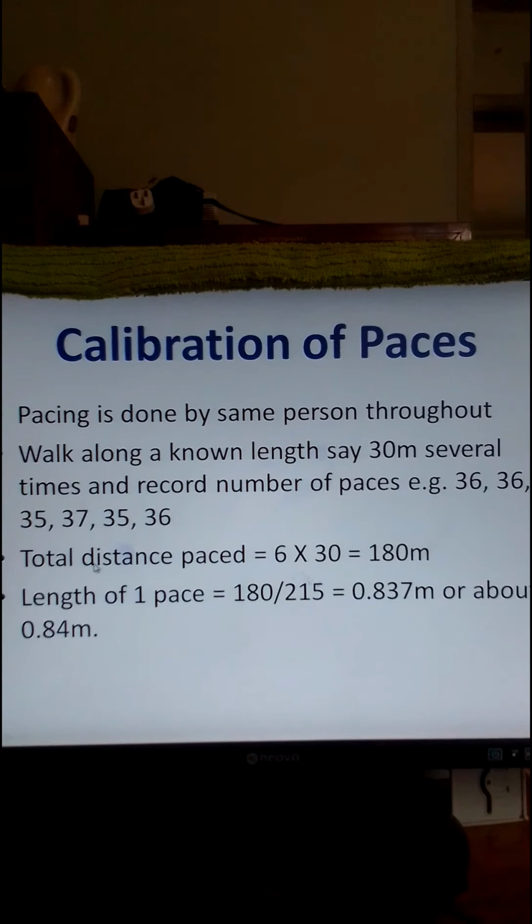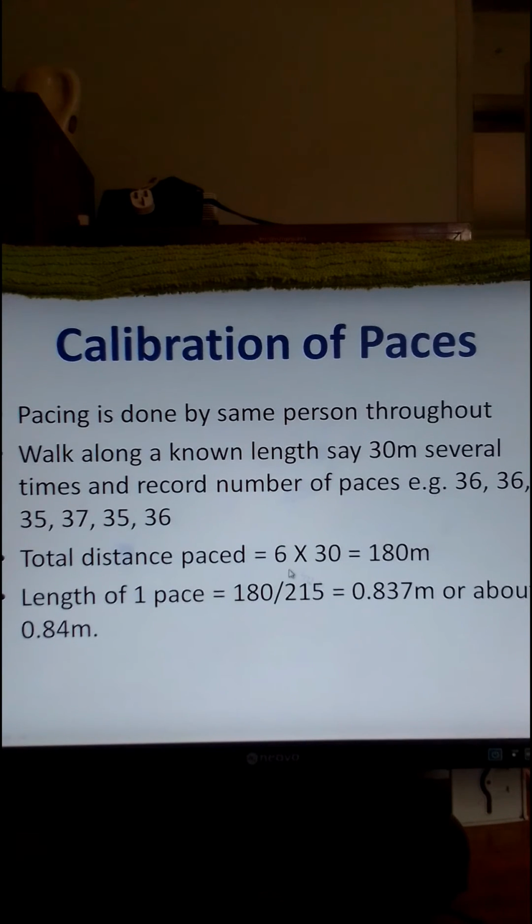Now, the total distance that you have walked on that length of 30 meters is 6 times 30, because you have walked 6 times the distance of the known length, which is 30 meters. So you get 180 meters. And then the number of paces, you add all these paces, you get 215.